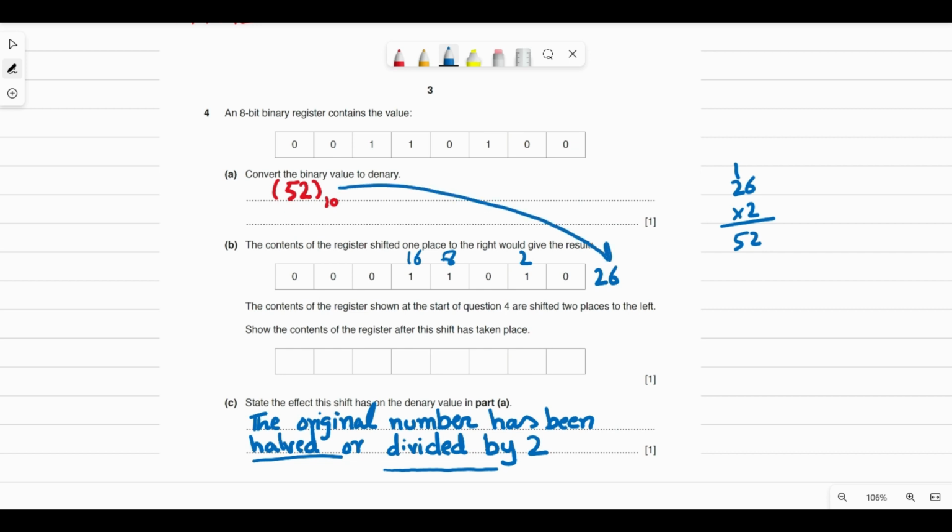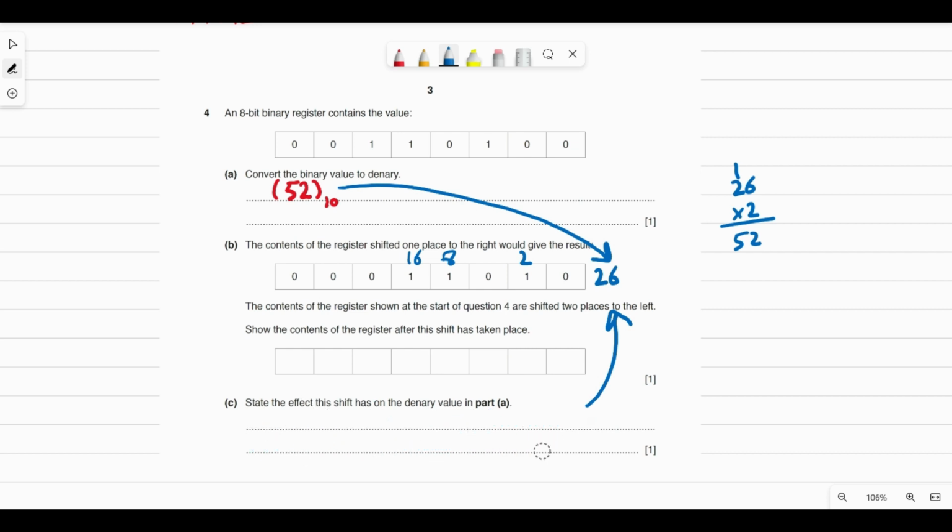The effect of this is to be divided by 2. This effect belongs to this shift, so I'll remove this one, as it has already given us the one-bit shift to the right.